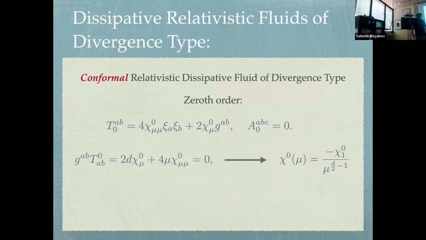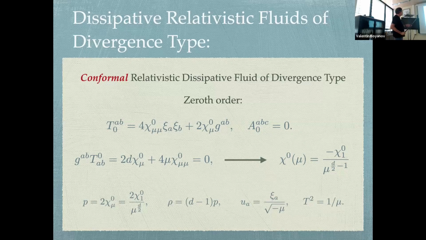And so this function here is actually some constant divided by the temperature to some power. That's it. There is only one free constant. And really this constant doesn't play any role because it's just multiplying everything, scaling everything. So there is no freedom.